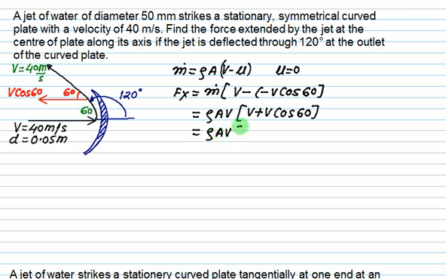And we have final equation as rho a v square into 1 plus cos of 60. Rho is 1000, area is pi by 4 d square, and velocity is 40. Your approximate answer will be 7179 or approximately 7180 or 4711.2.